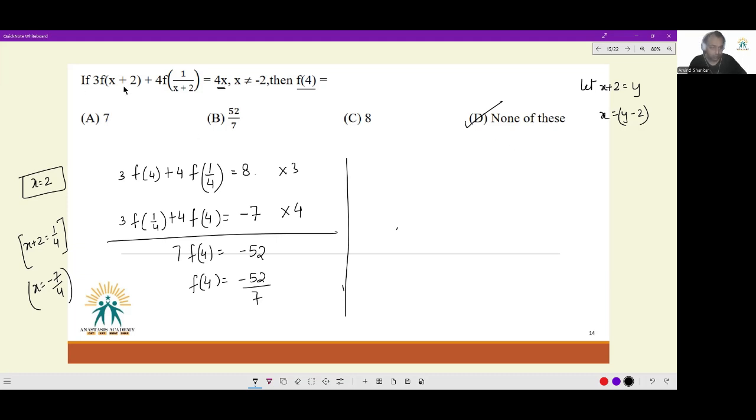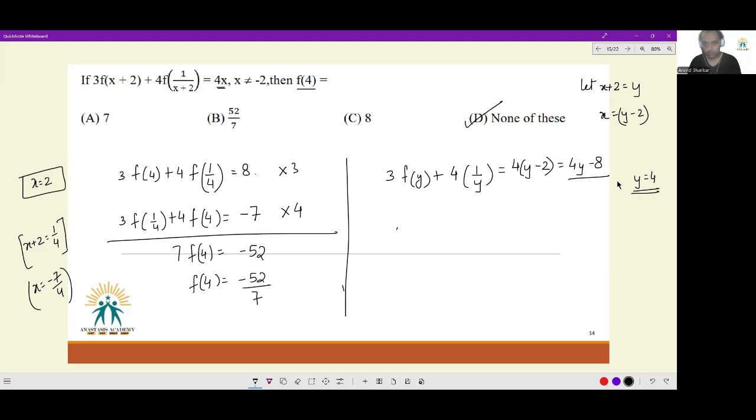So this function will then change to 3 times of fy plus 4 times of f of 1 by y is equal to 4 into y minus 2, or this will turn to 4y minus 8. Now you can go ahead and replace y is equal to 4.